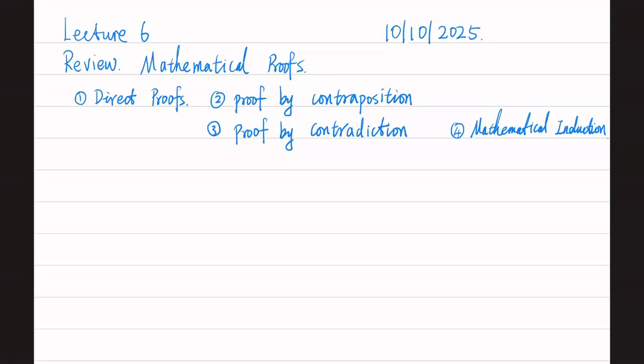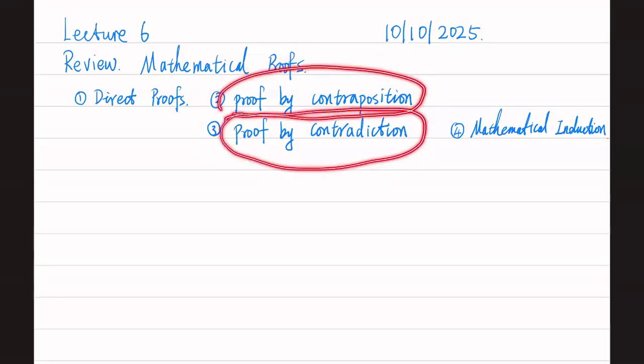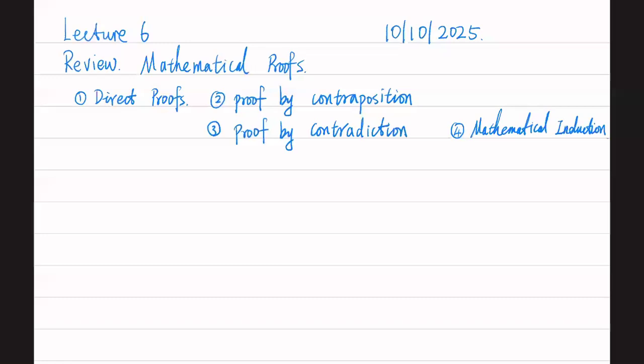Okay, so through the previous homework 5, now I think you have a better understanding of the difference of these two. Which proof is proof by contraposition, and which is proof by contradiction? Proof by contraposition: we first formulate the contraposition of the theorem, then we prove that contraposition. The contradiction is, we suppose the conclusion is false, we try to derive a contradiction.